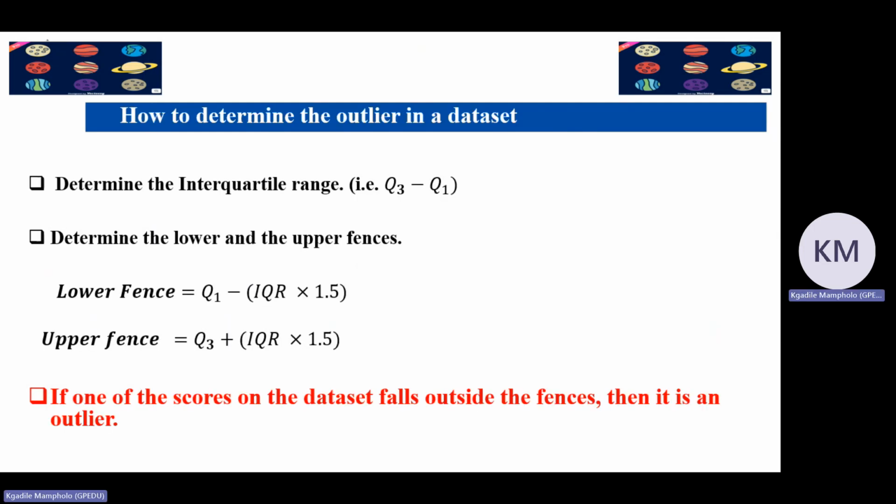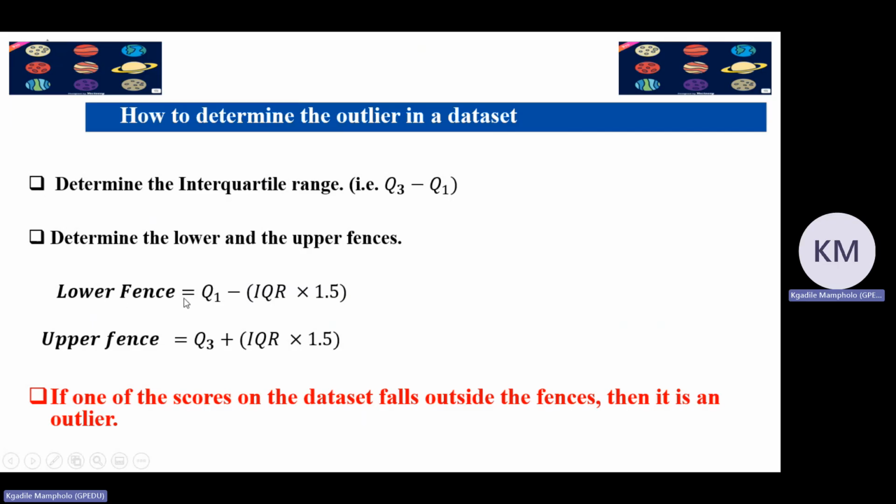How to determine the outlier in a data set? These are the steps. First, determine the interquartile range. Obviously, you have to find Q3, find Q1, then you find the interquartile range, which is the difference between the upper quartile and the lower quartile. From there, you determine the lower and the upper fences.